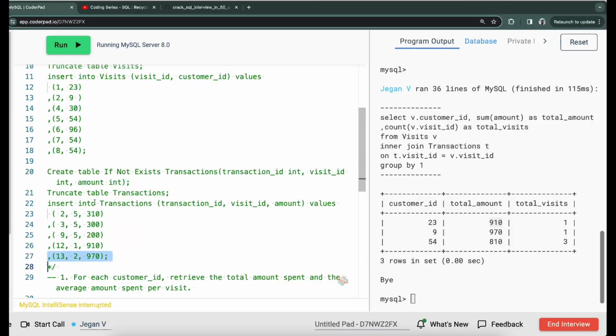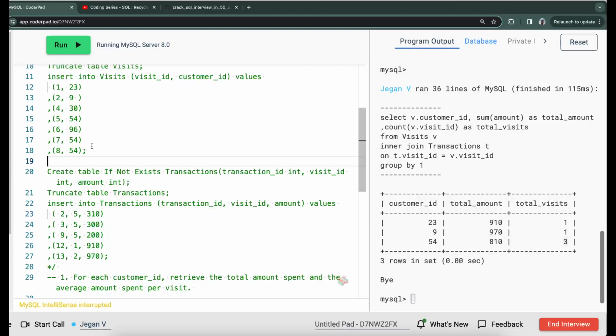And then customer 54 got 1, 2 and 3 visit IDs, but only visit ID 5 has a transaction and it got 3 transactions. So total visits shows 3.